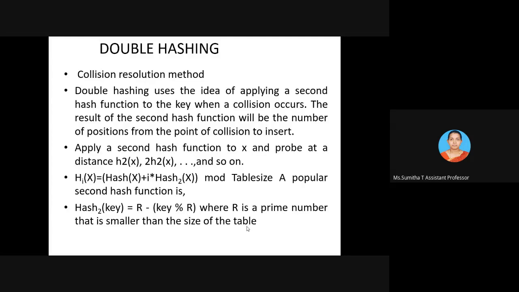Okay, is it clear? For example, the table size is 14. Then what is the r value here? The table size is 14. What about the r value? It is the previous prime number. The table size is 14.